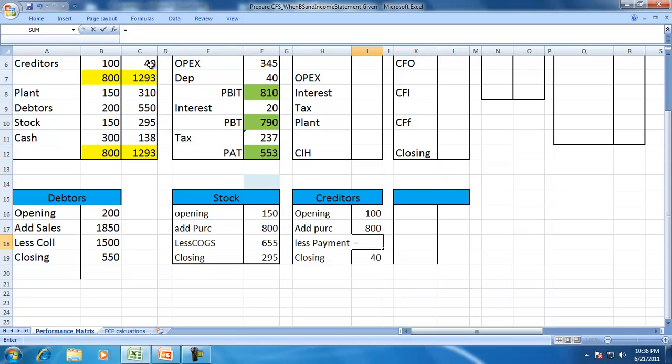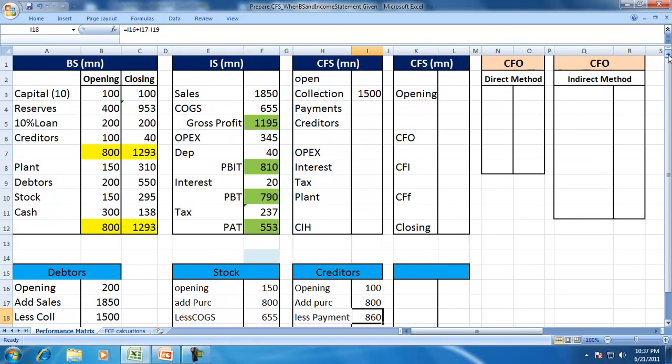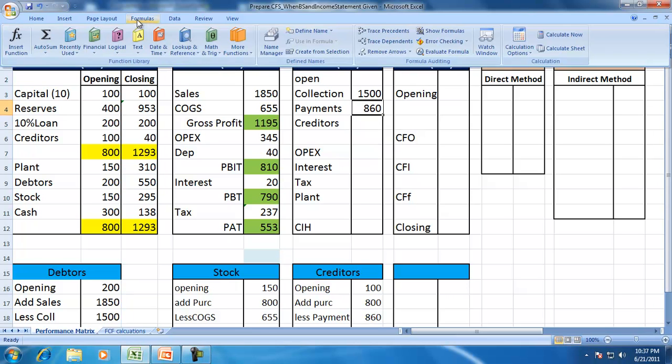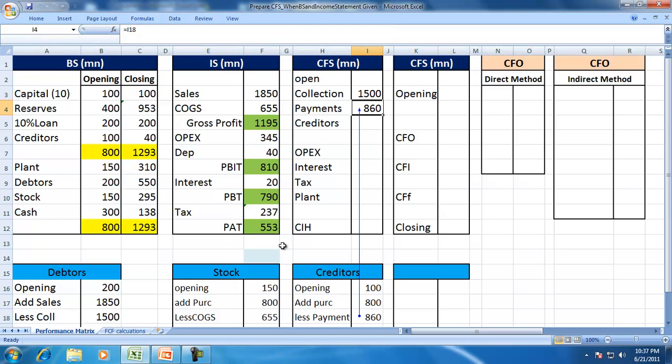We can now find out the payment during the period: 100 plus 800 minus 40. This is the payment that you made during the period. So in the cash flow statement, we'll say payment to the creditor is 860, coming from that worksheet.